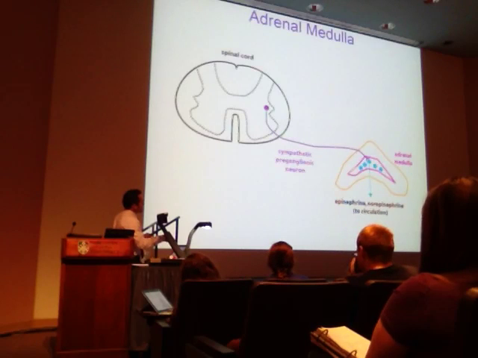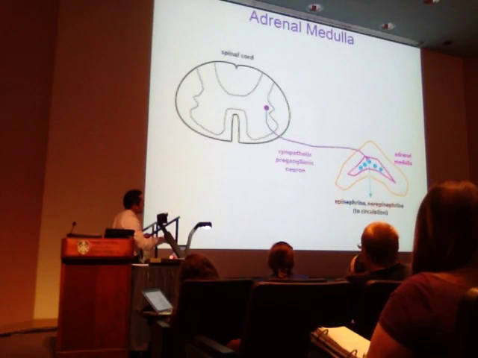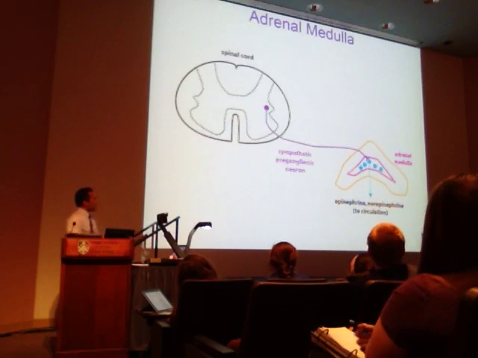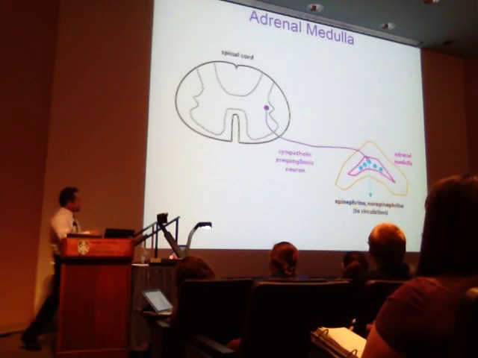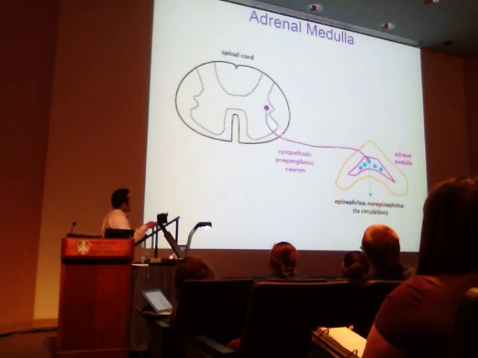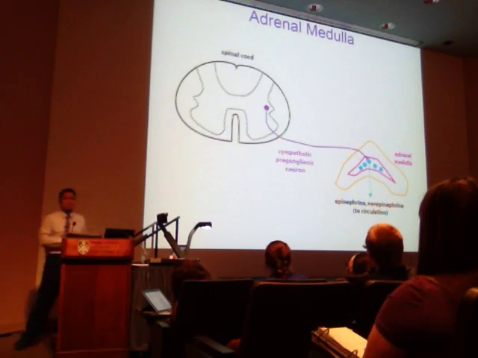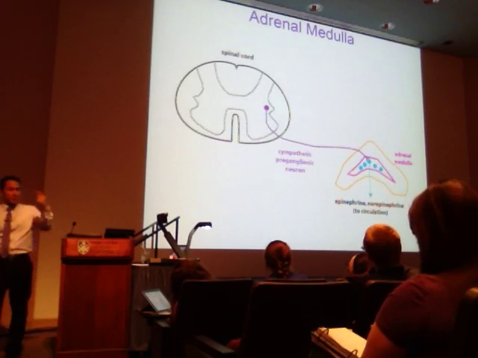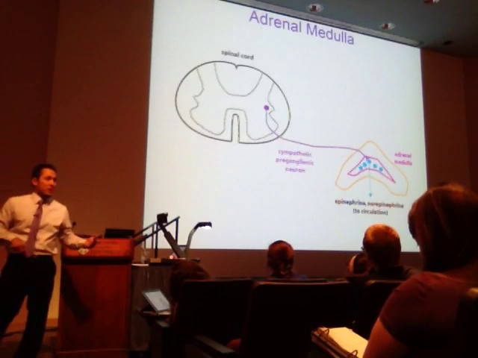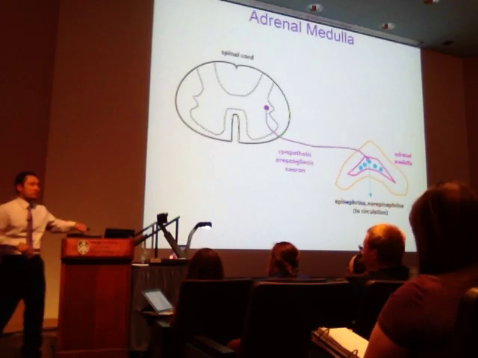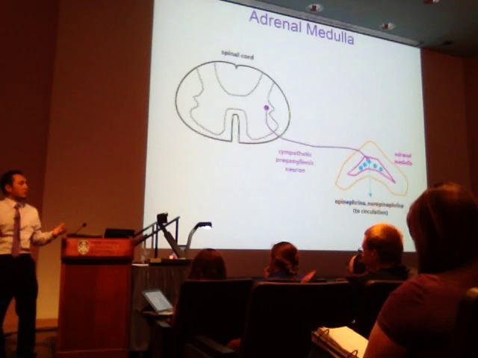There's the medulla, which is in the middle, and then there's the adrenal cortex, which is the surrounding structure. When these nerves are stimulated by the sympathetic preganglionic neuron, they release the epinephrine and the norepinephrine into the circulation. And that circulates around in a hormonal type of response. You'll learn more about that next semester in 202 when you talk about endocrinology.